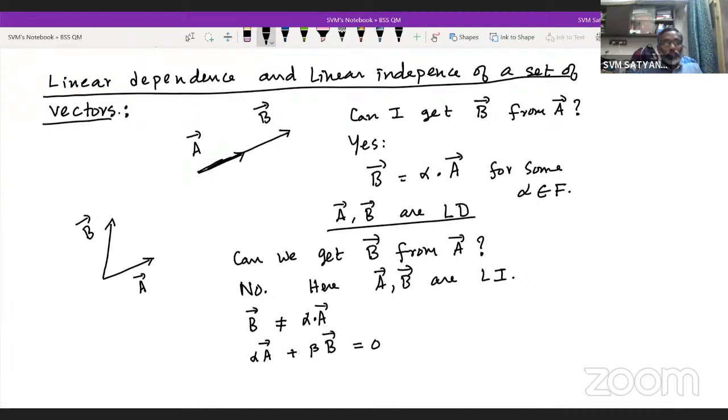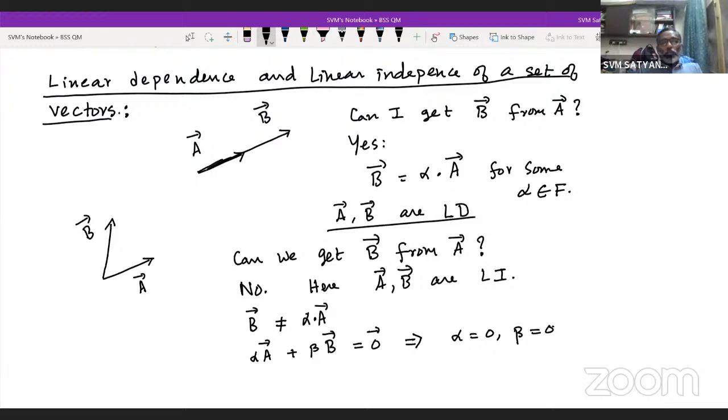This is called a linear combination of vectors, right? So let's say I have some linear combination of vectors equal to 0. This 0 is a zero vector, right? This implies alpha equal to 0 and beta equal to 0. Only in this case, this whole thing can be equal to 0.